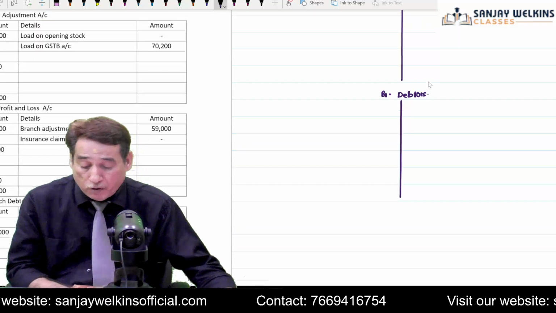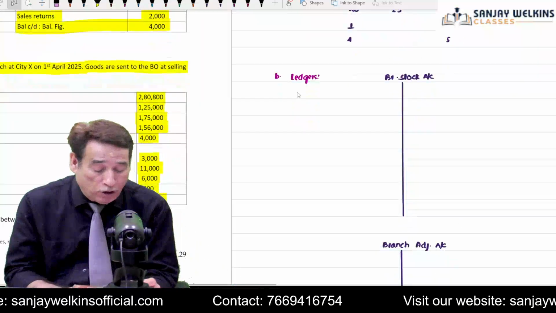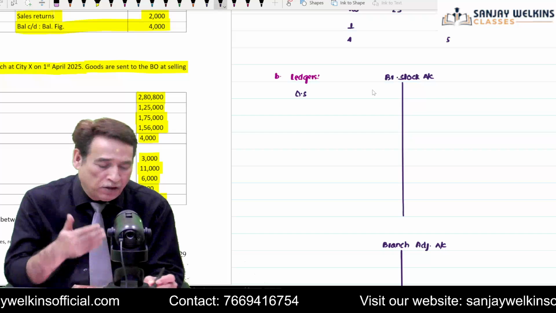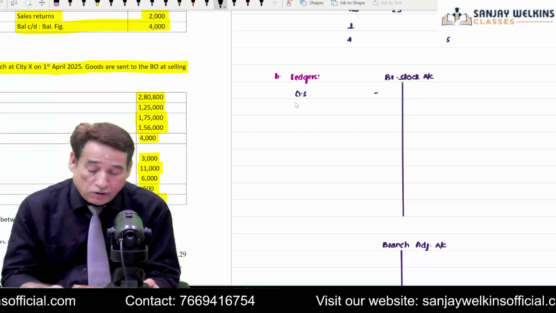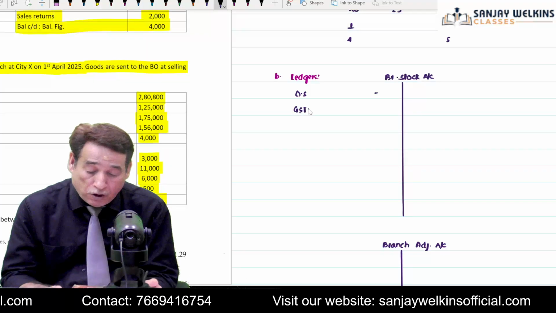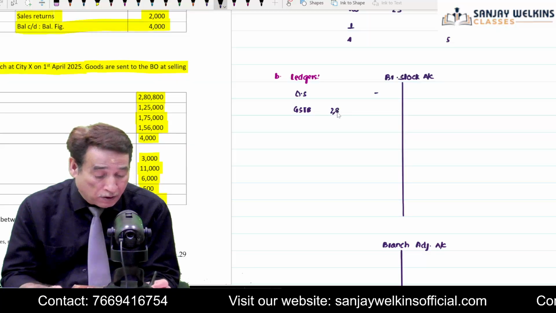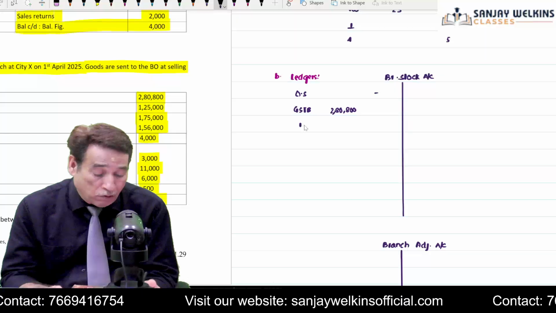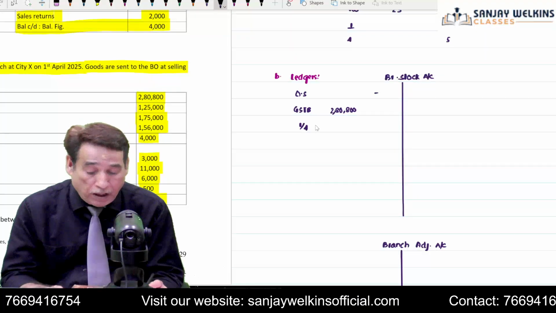Now in this question, the first item: I've already told you, there is no question of any opening stock, and it is not necessary to write it. This is just for your reference. It's a newly opened branch, so no opening stock. Goods sent to branch at cost are given to you: 2,80,800. We need to convert it into invoice price, and for that we apply 1 by 4.